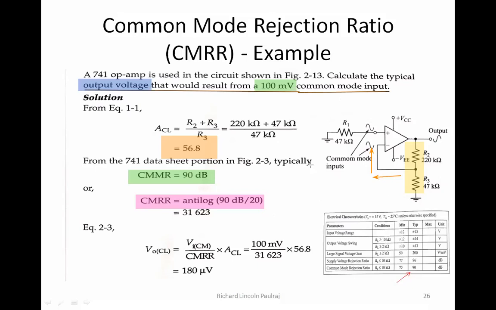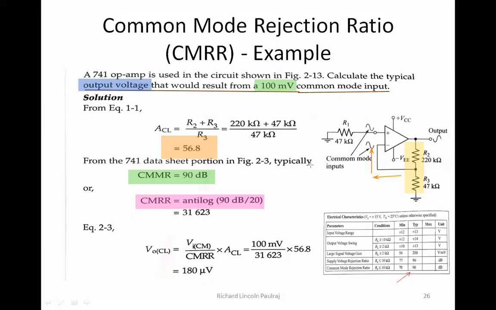Fine. So I'll be getting the value 31623. Can someone tell me how we are calculating this anti-log value? Log, of course, you have a direct button in your calculator, right? You just press it and it comes up. But anti-log, how do you do it? E power of. Yeah, you can do that, or 10 raised to the value, which is 90 divided by 20.